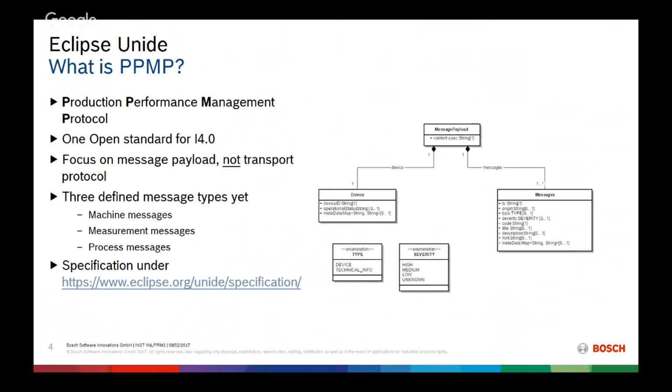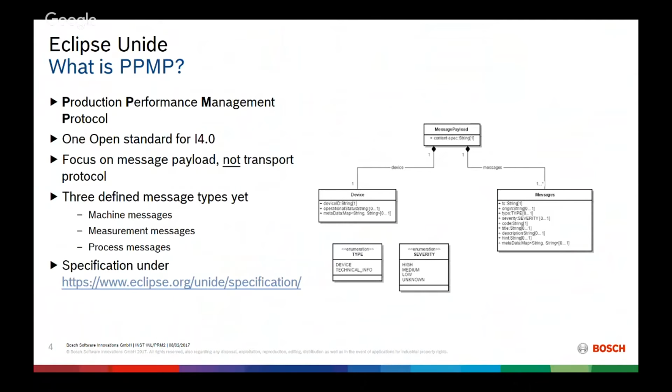Or if you don't have that many messages sent from the shop floor to your IoT solution, you can use HTTP REST. So our focus is just the payload of the message and not the transport protocol, because there are established standards already there.